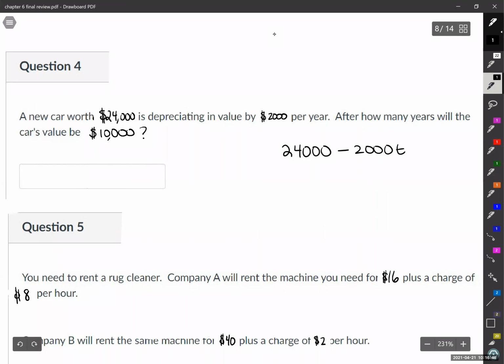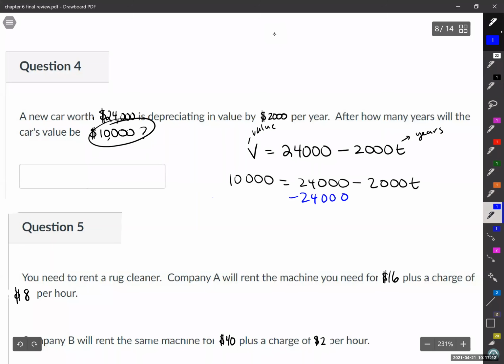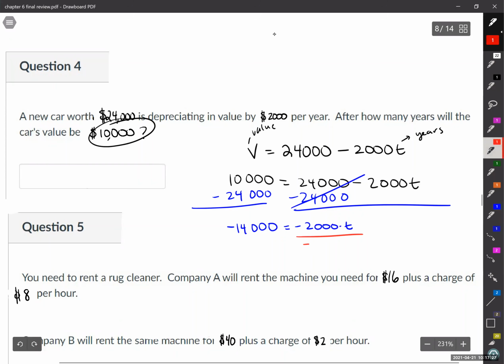Each year it loses T. This is our value over time. $10,000 is a value, so we set that equal to the value that we have. And we should get 7 years.